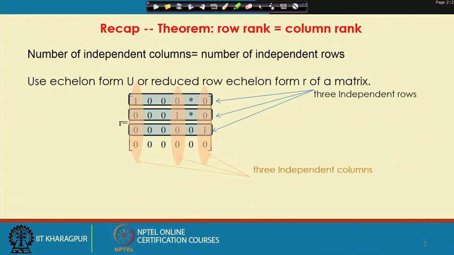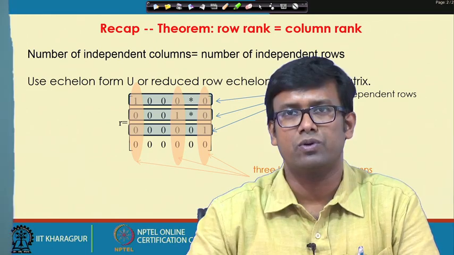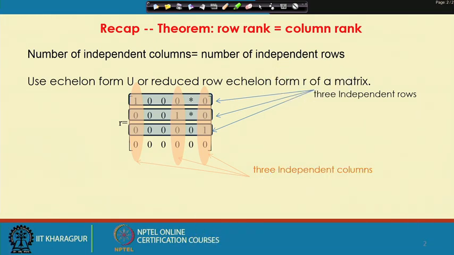These are the independent rows and independent columns of matrix A when transformed into reduced echelon form. Therefore, the number of independent rows and the number of independent columns is exactly the same as the number of pivots in the reduced echelon form. So, these numbers are the same. Therefore, the dimension of the row space and the dimension of the column space are the same, or the row rank and the column rank of the matrix are the same.